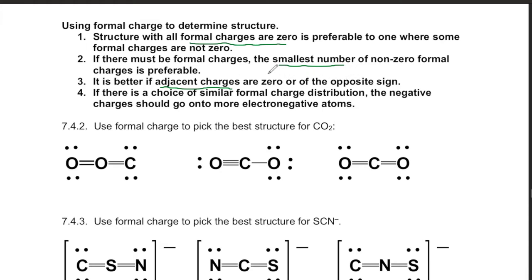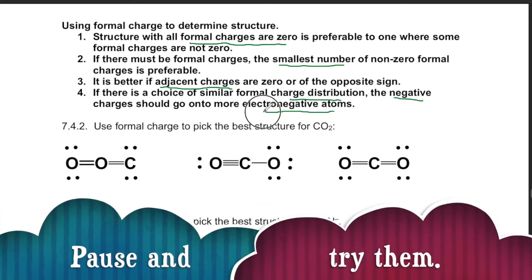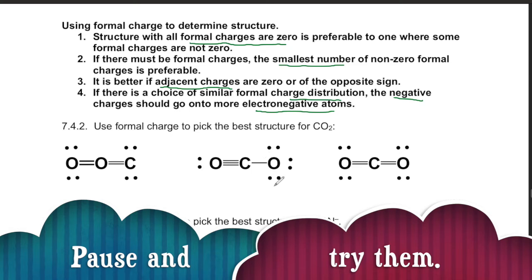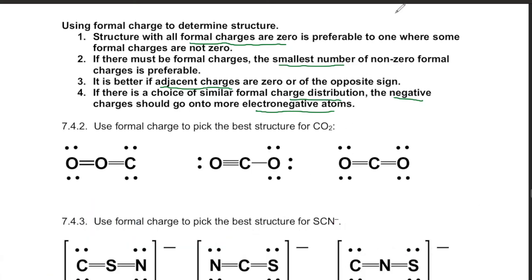So having a +1 charge next to a 0 or next to a -1 charge would be better than having 2 +1 charges next to each other. And another consideration: if you have a +1 and a -1 that you have to put onto something, it's better to put the negative charges onto the atoms that want electrons more, the more electronegative atoms. So those are some considerations.